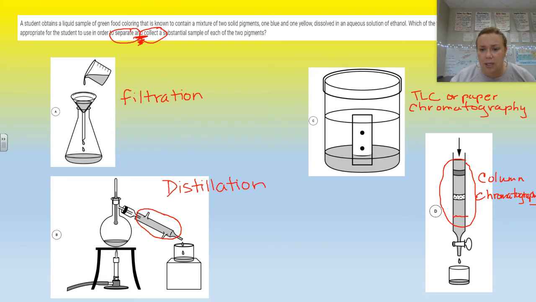So blue might come down here and we'd catch the blue, and then yellow might separate here, and then the solution would go clear, and then we'd end up catching some of the yellow. So we can actually allow the substances to come through and collect those substances for further testing. So in this case, D is going to be our best answer.